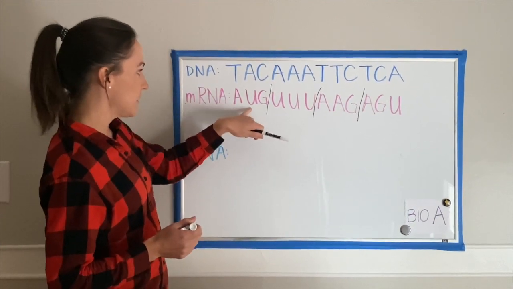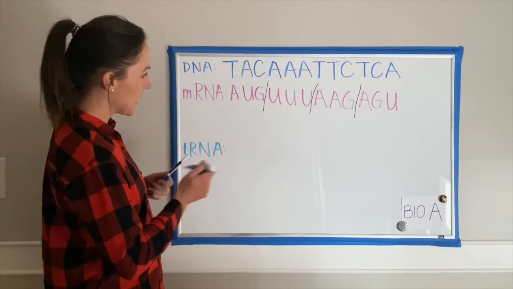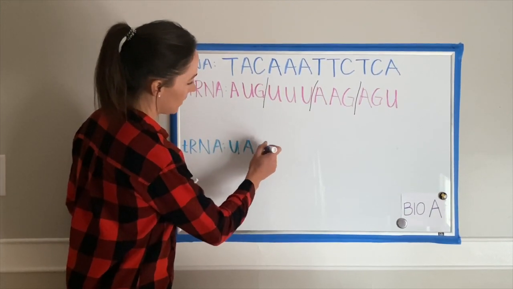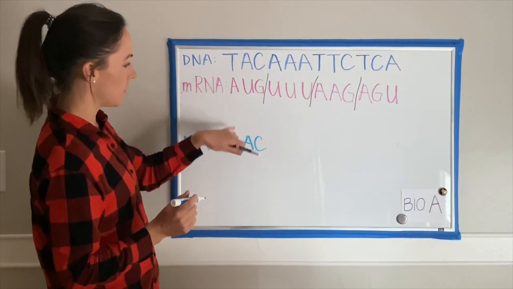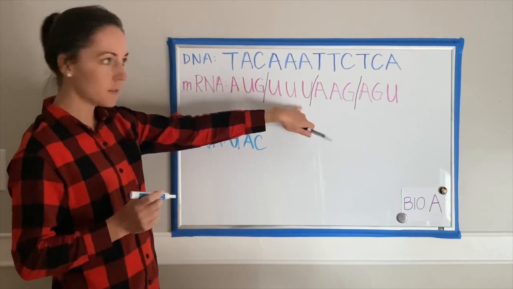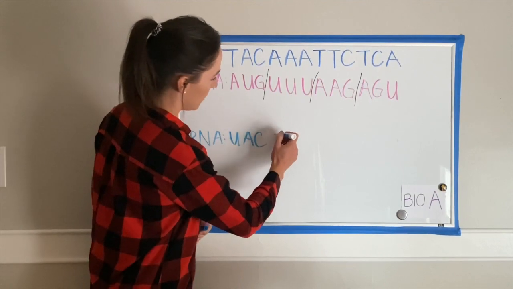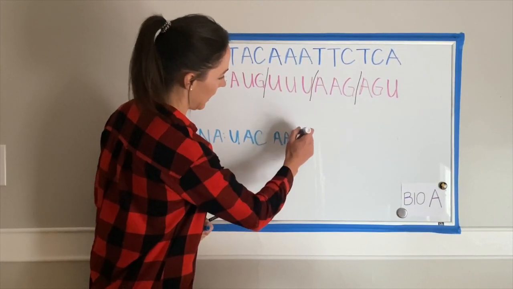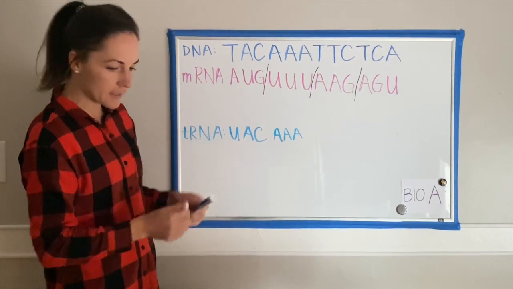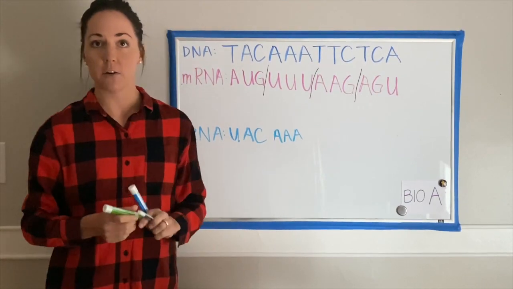So if my codon is AUG, my anticodon would be UAC because of the way that those pair up. If my codon is UUU, my anticodon would be AAA. But what's important here is my tRNA is actually bringing an amino acid with it.